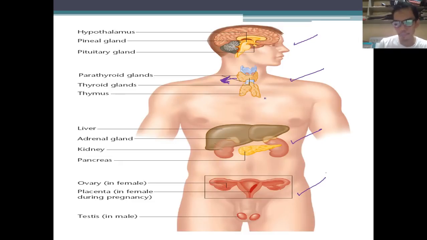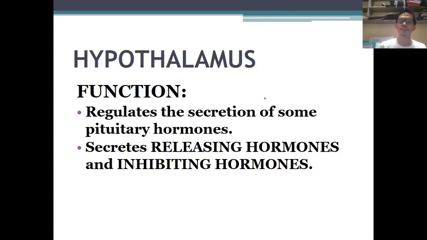To start with, we start first with the one that controls other endocrine organs. This is the part where the nervous system and the endocrine system meet. We call that part the thalamus. Sorry, not thalamus, but hypothalamus. The hypothalamus is found in the forebrain, inside the cerebrum.